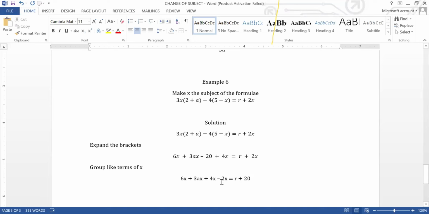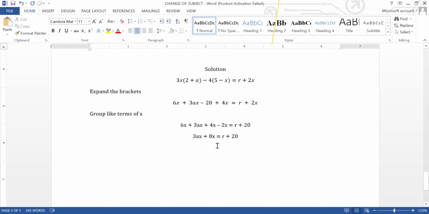So rather than I'm done, I can see that minus 2x and this 4x and this 6x can be simplified. So 6x plus 4x will give me 10x. 10x minus 2x will give me what? 8x, right? Plus 3ax. Letters first. Let me bring 3ax first. 3ax plus 8x is equal to r plus 20.